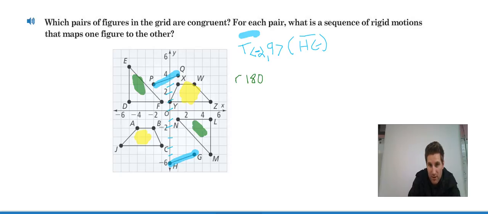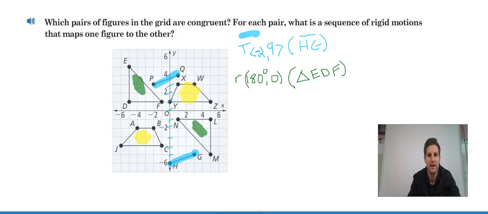And we're doing it about the origin, which we can call O. So that's how we would write that, 180 degree about the origin. And we're going to do this to triangle EDF.